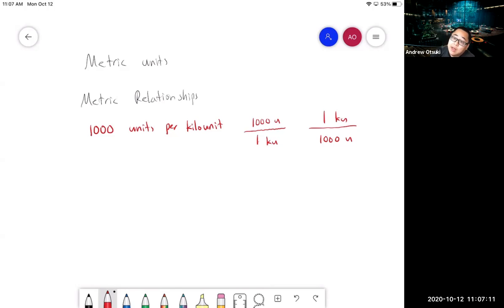So you see that my number is getting smaller because I'm dividing by 1,000.